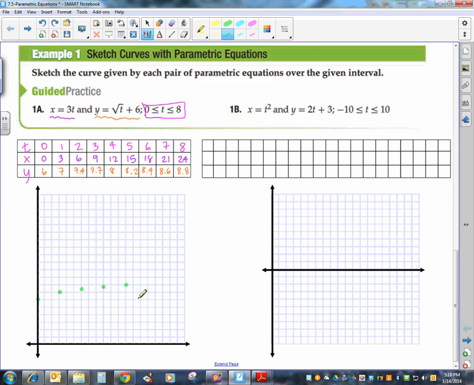You get the idea, and I'm going to go past my graph if I go much farther. 21, this is 20, so at 21 I'm at 8.6, so it's about up there.